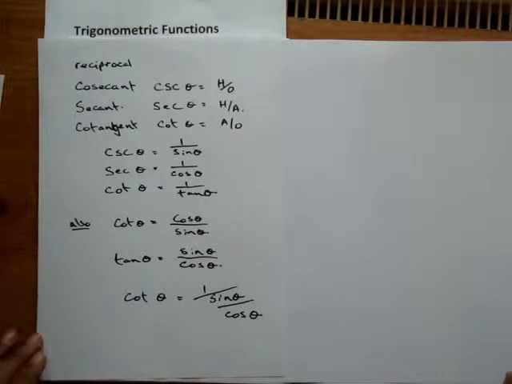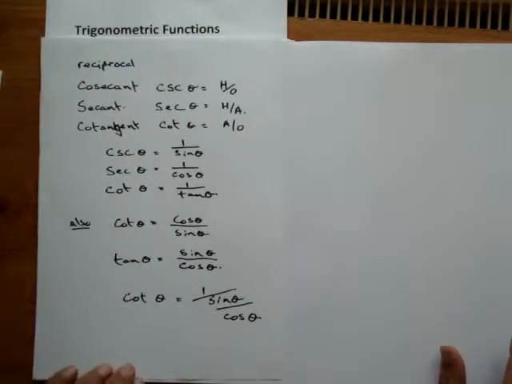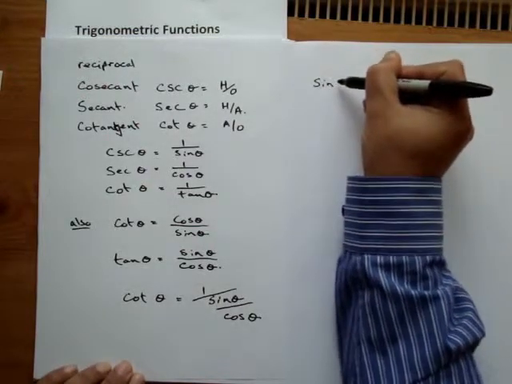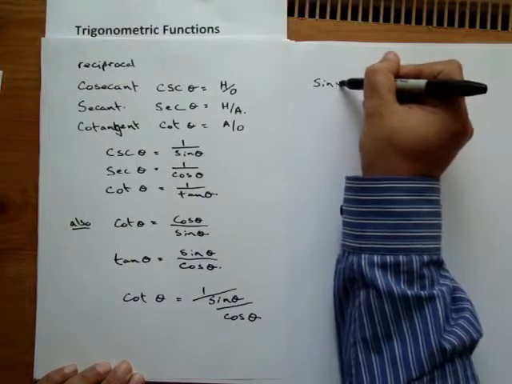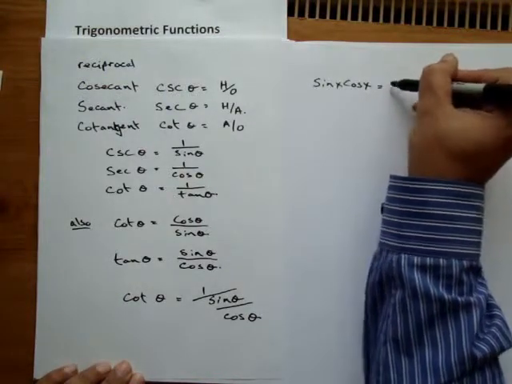Let's have a look at these reciprocals again and see an alternative way of writing them. So we have sine x cosec x equals 1.